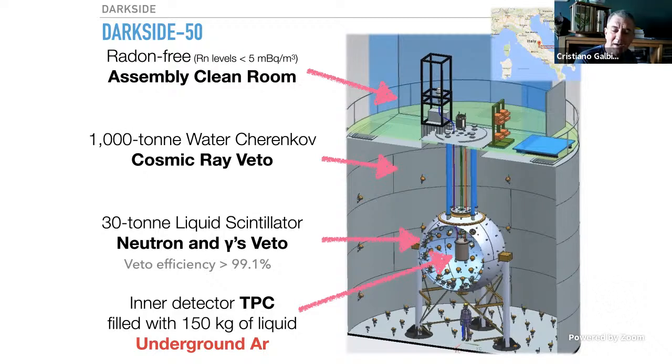You have a smaller detector, which is only 50 kilograms, located at the center of a veto based on a liquid scintillator, all surrounded by water in a water tank of 1,000 cubic meters.